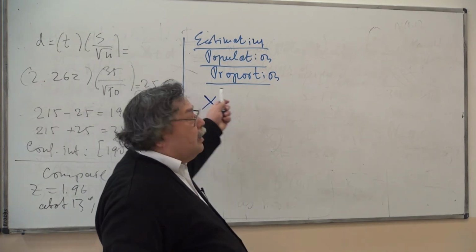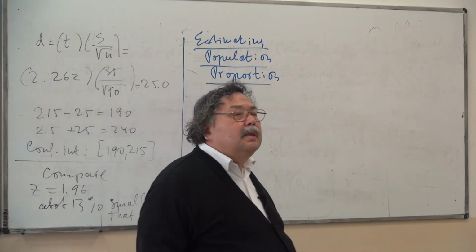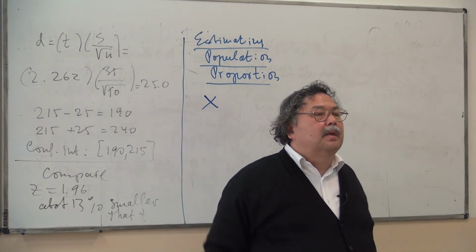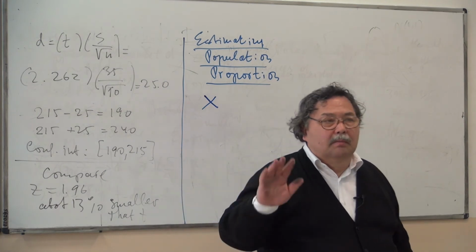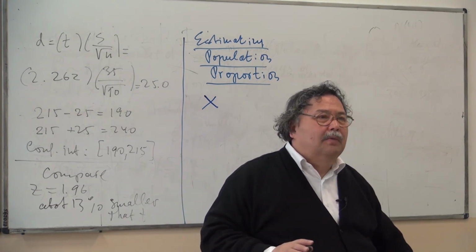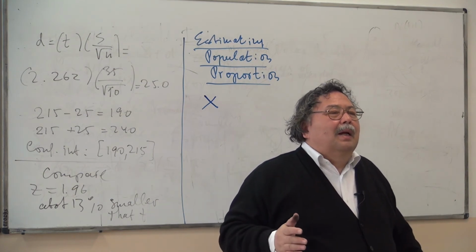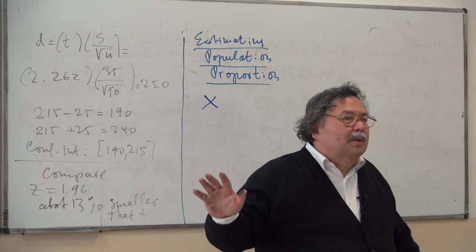Now, suppose 25% of all the members in a particular population are regular users of Pepsi Cola. Okay, I'm not trying to advertise for Pepsi Cola, but it's just something that came to mind. Suppose 25% of all the members in the population drink Pepsi Cola.